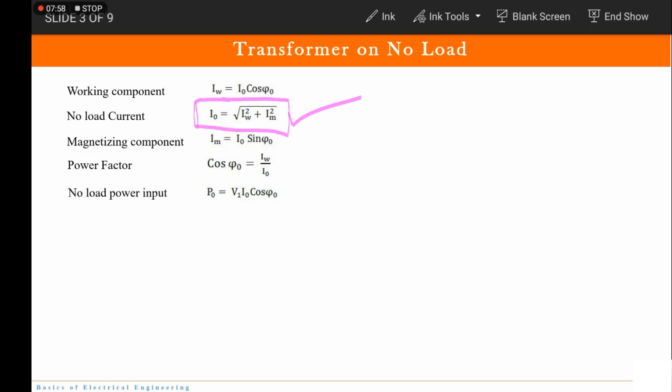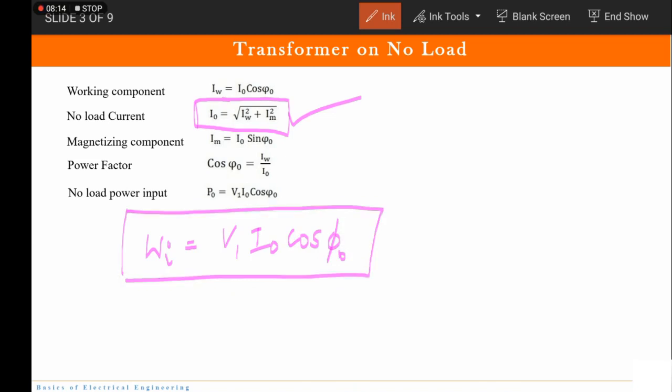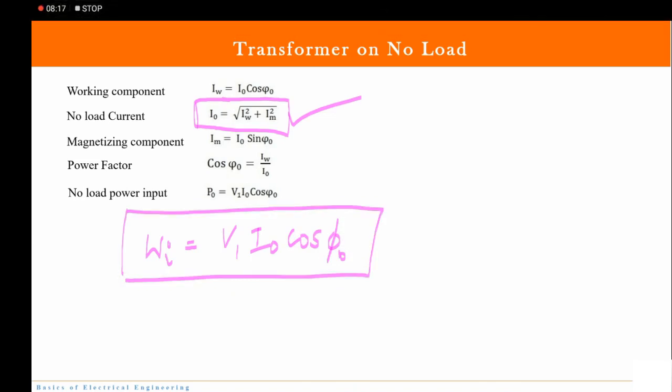So this power represents the iron loss component. Please remember this equation. This is going to be very important for problem solving.